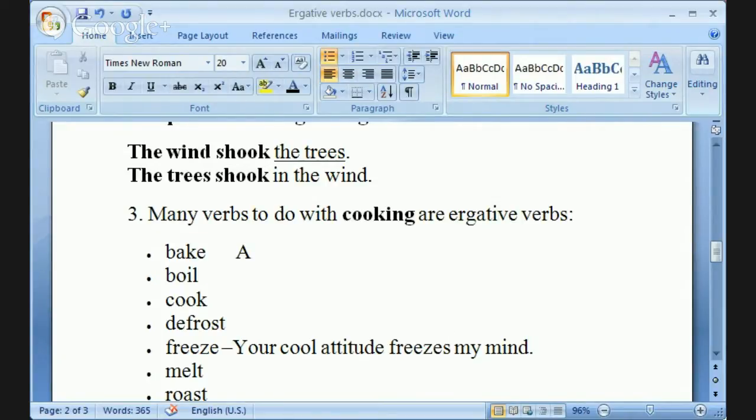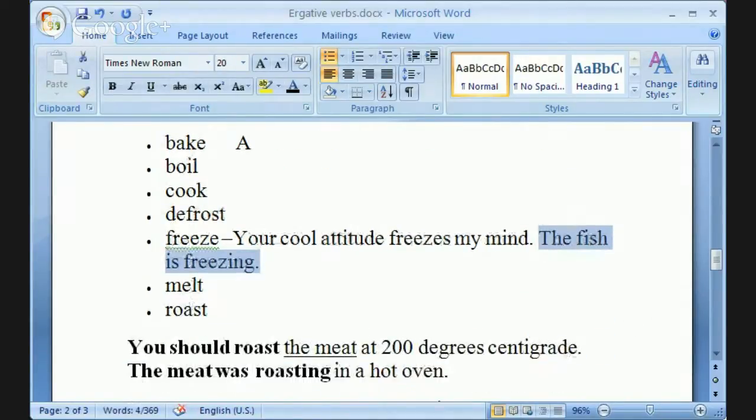The fish is freezing now. Okay, I get it. You're using a present continuous tense, with a continuous tense like that, to simplify it. Right. Okay. Very good.